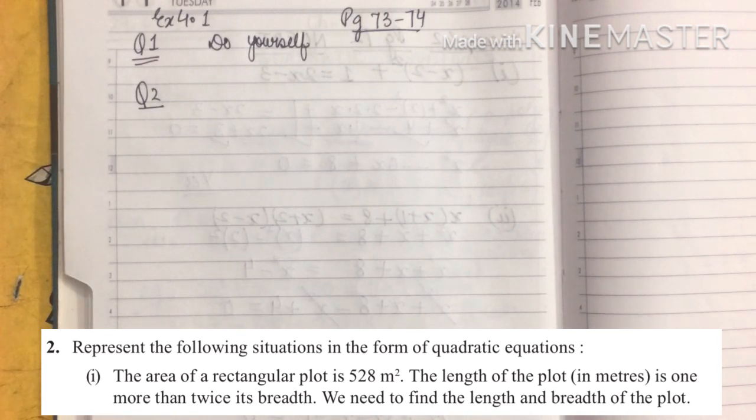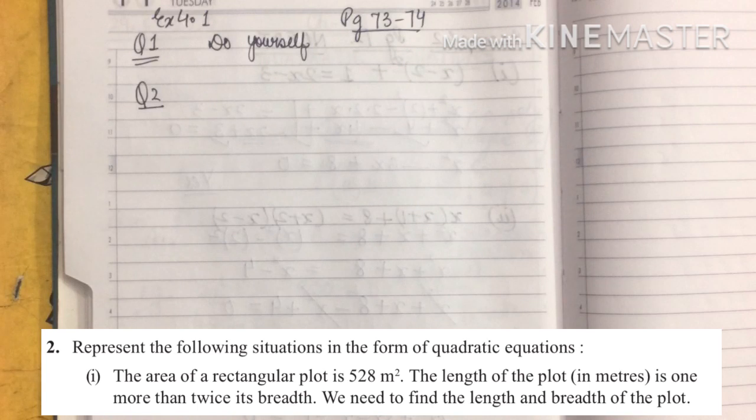Now remember, we are doing quadratic equations in one variable. So you have to make sure that when you are doing problem sums, you use one variable. In case you begin with two variables, you have to later on reduce them or convert them in such a way that the equation formed is in a single variable.